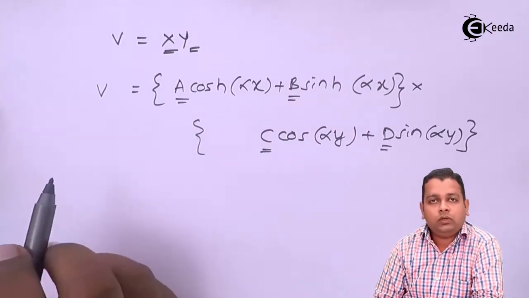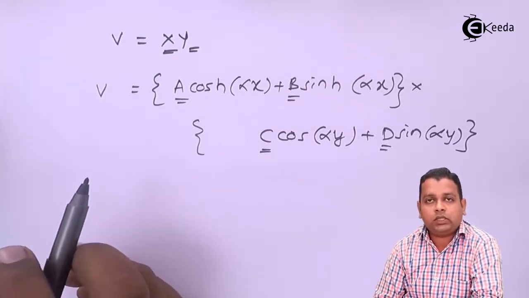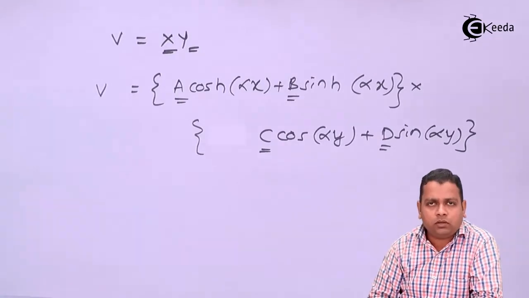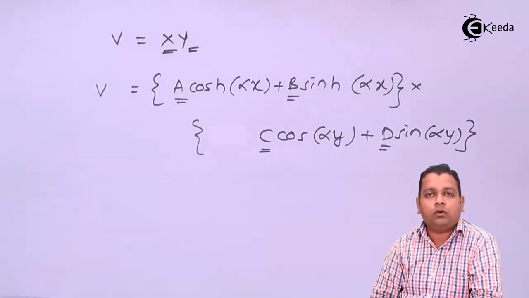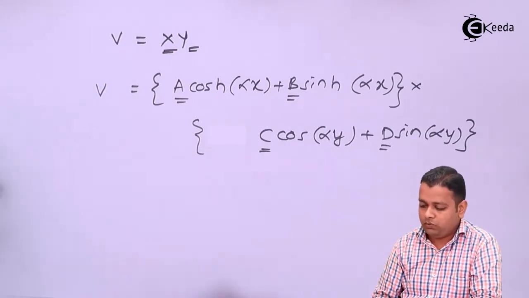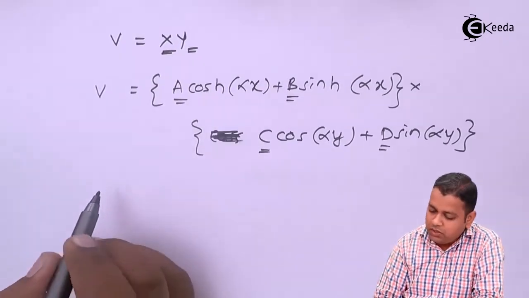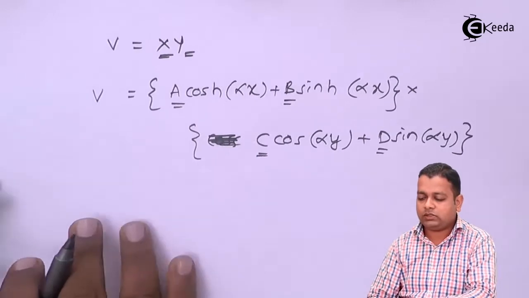Now here we involve the boundary condition, the boundary between the perfect conductor material and the dielectric material, which we have seen in one of our last chapter videos. So here we apply the boundary condition.